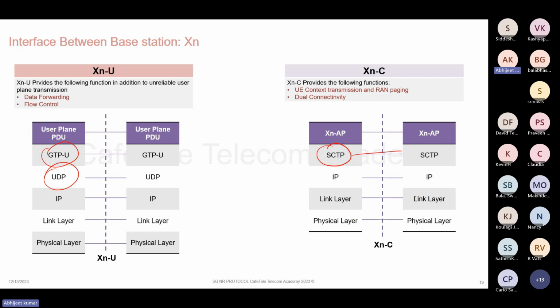It supports multi-homing and multi-streaming, which enhance reliability and network efficiency, but it is also more complicated. When I talk about multi-homing and fault tolerance, GTP-U does not natively support multi-homing, fault tolerance and redundancy. But SCTP supports multi-homing, allowing the connection to span multiple IP addresses for improved fault tolerance and resilience.